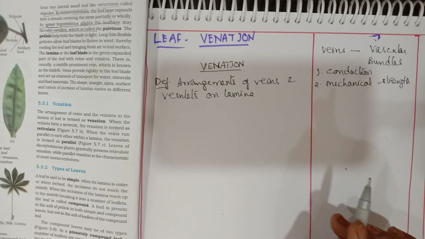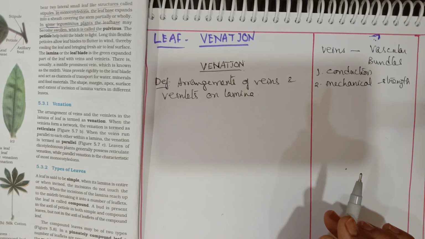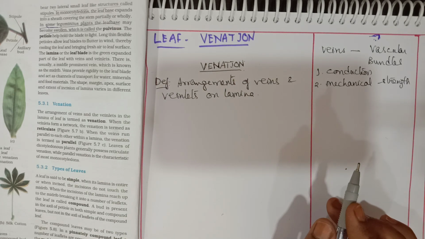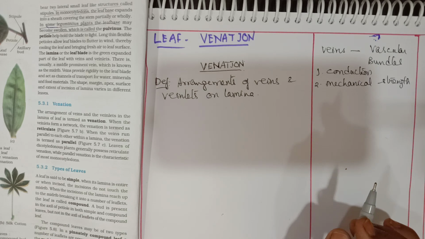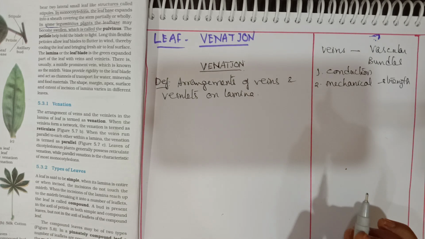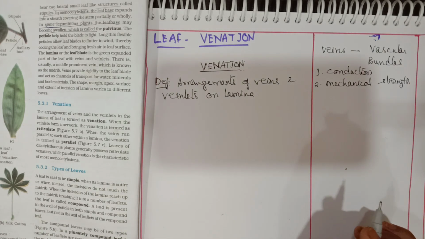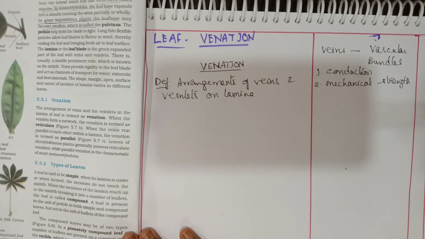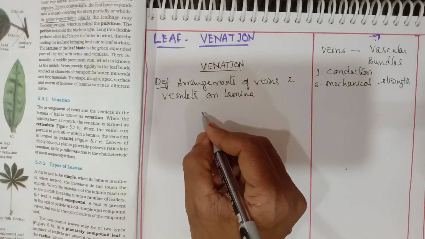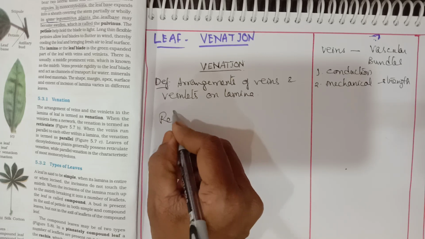How the veins and veinlets are arranged on the lamina is what is called venation. Here venation is divided into two types: reticulate venation and parallel venation. First let us see reticulate venation.